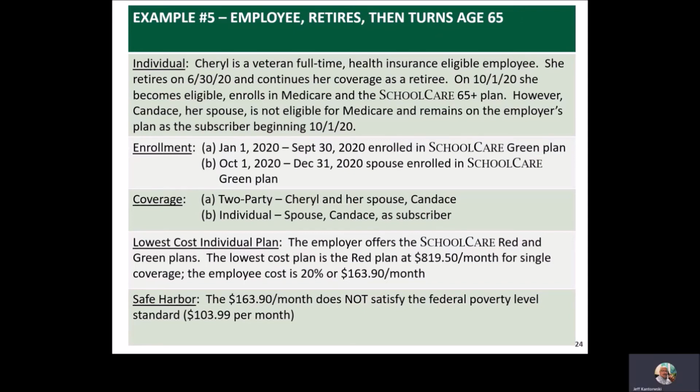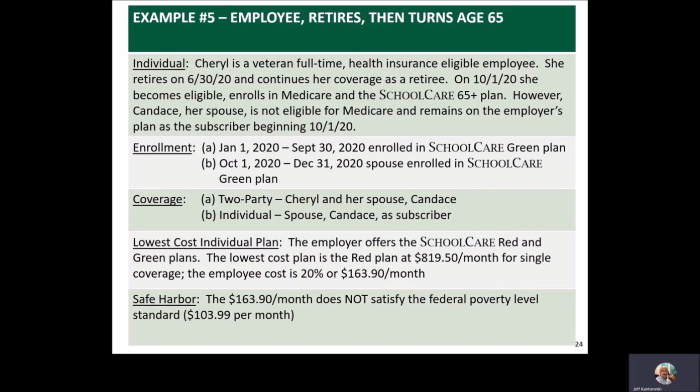However, Candace, her spouse, is not eligible for Medicare and remains on the employer's plan as the subscriber beginning October 1st, 2020. So we have enrollment January through September in the School Care Green Plan for both Cheryl and Candace, but beginning in October through December, the spouse Candace is the only individual covered.